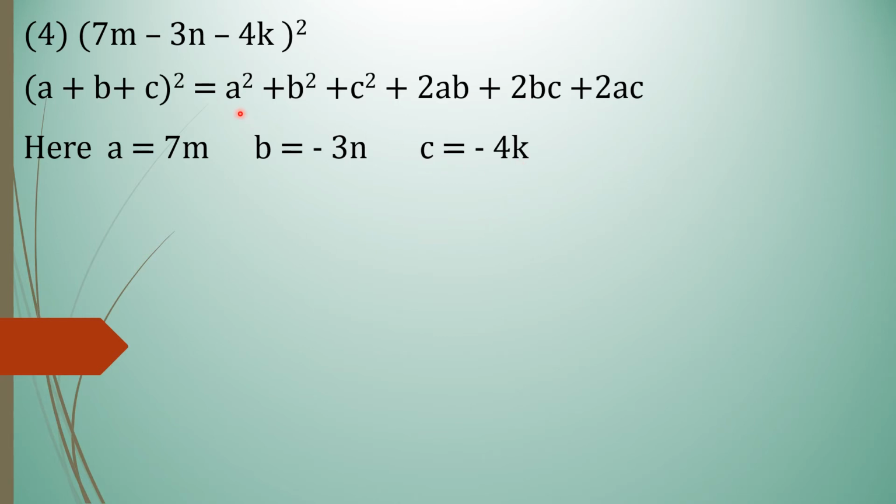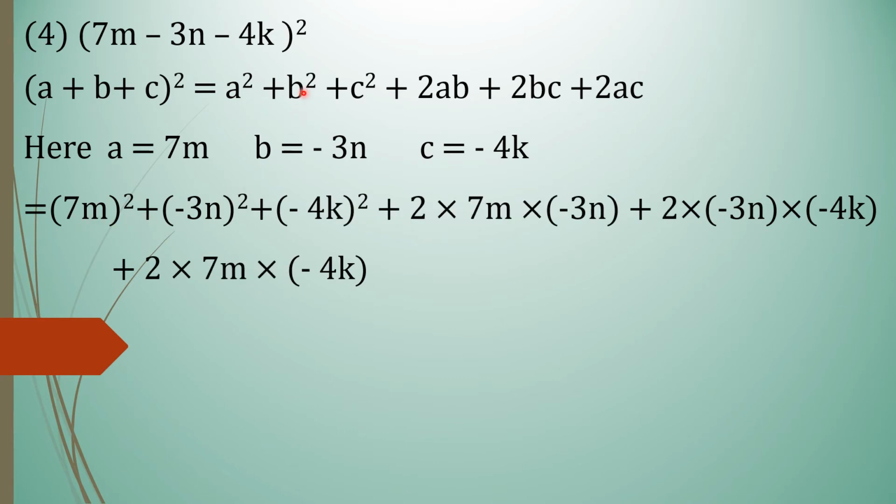So in place of A square, it will become 7m the whole square, plus B square will become minus 3n the whole square, plus C square will become minus 4k the whole square, plus 2AB will become 2 into 7m into B, that is minus 3n, in brackets. Then plus 2BC, that is 2 into minus 3n into minus 4k.